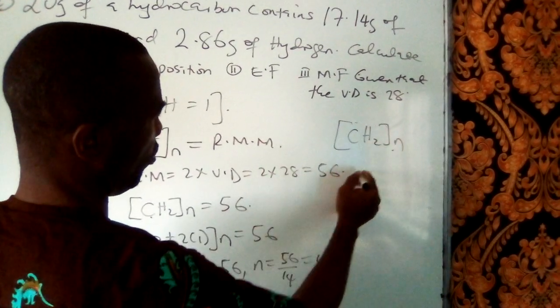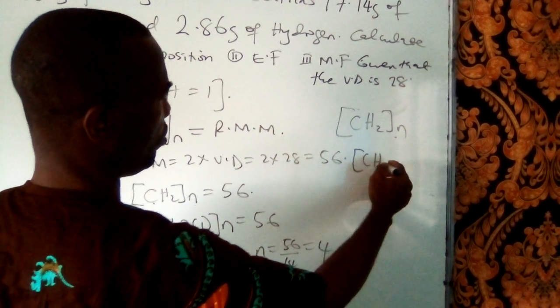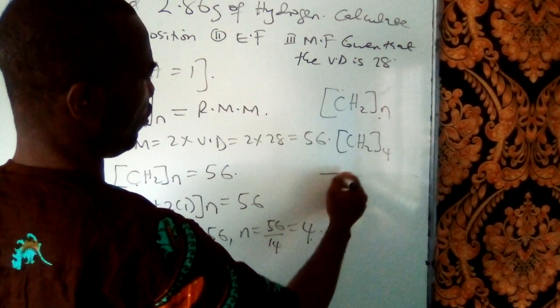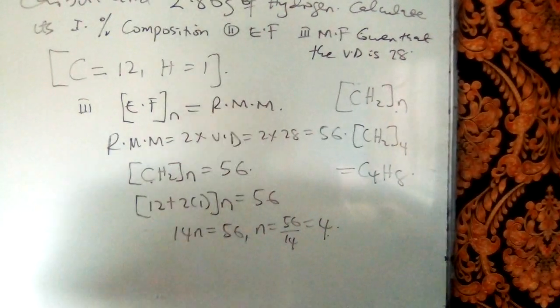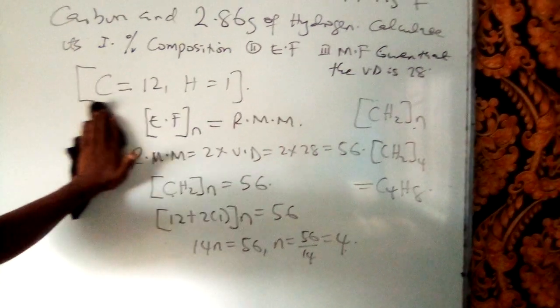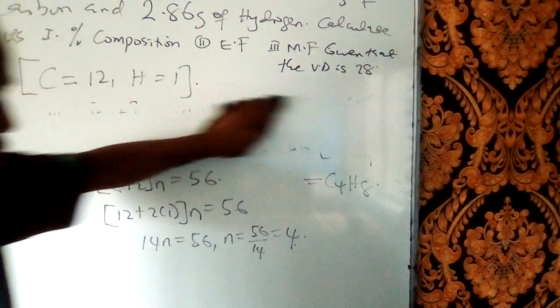Replace n with 4. We now have (CH2)4, that gives us C4H8. C4H8. This compound is otherwise known as butene.